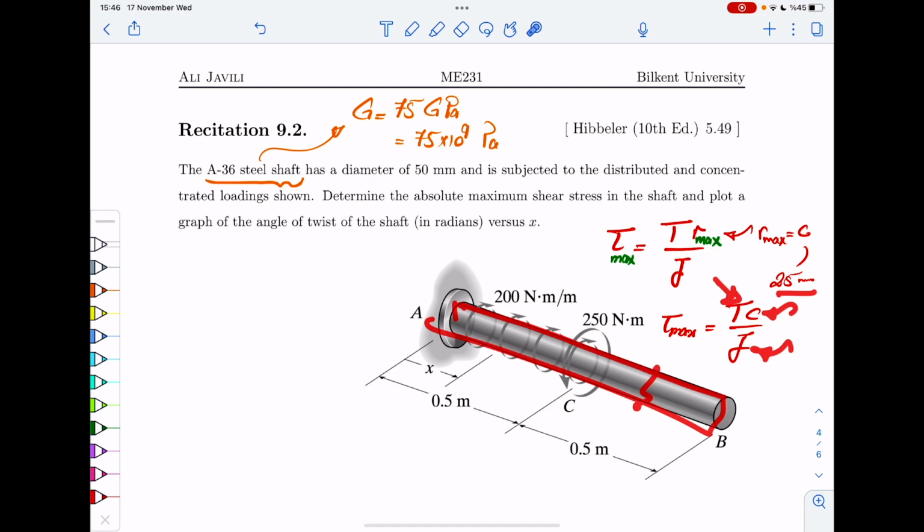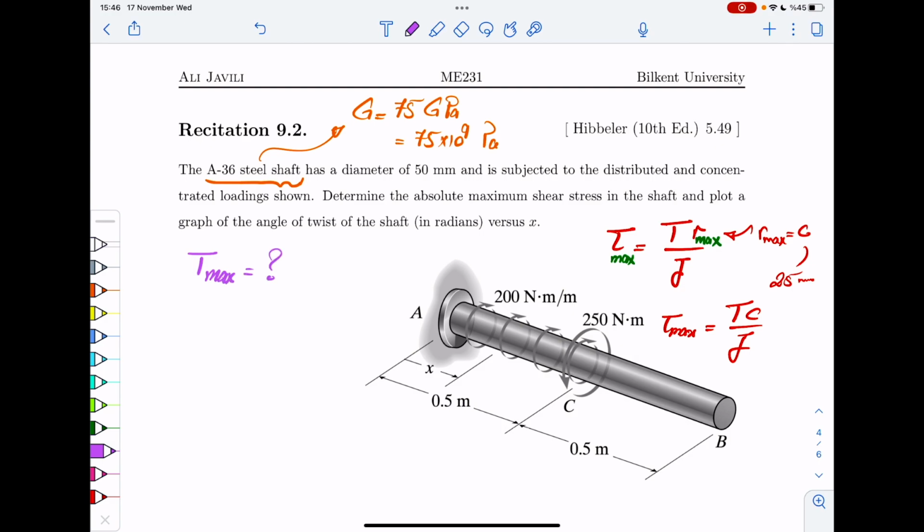So T here is different from here, from here, from here, okay? And this T is your internal torque. We need to calculate that, all right? Obviously, the maximum of tau max would occur where T is also maximum, okay?